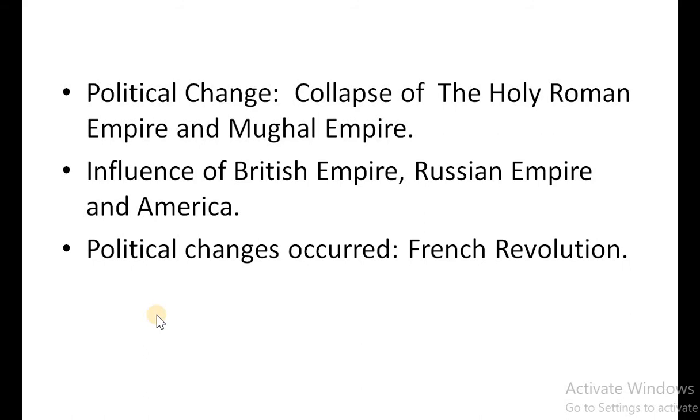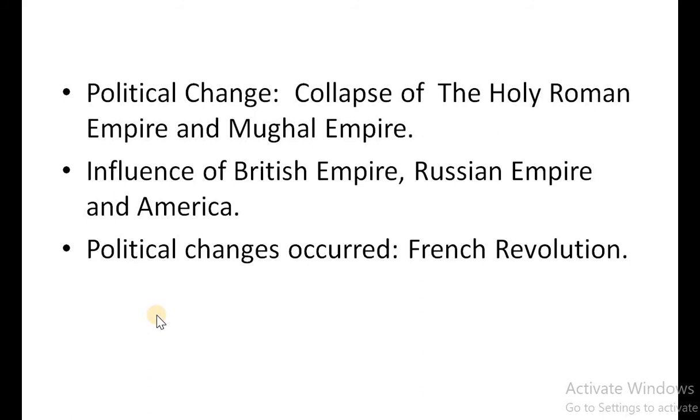The lower class demanded a change of the aristocracy, the upper-level ruling class, because they had been under such suppression at the hands of such people. So they wanted freedom, they wanted liberation. That is why the French Revolution took place.